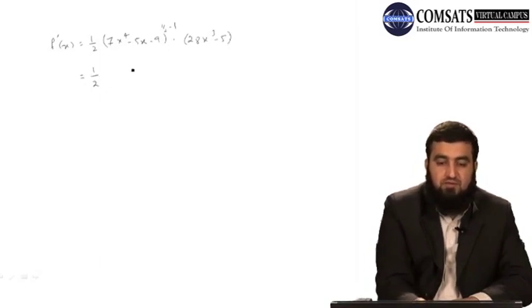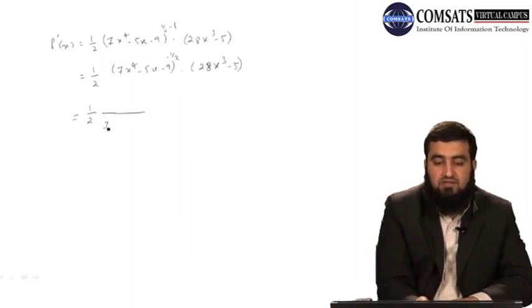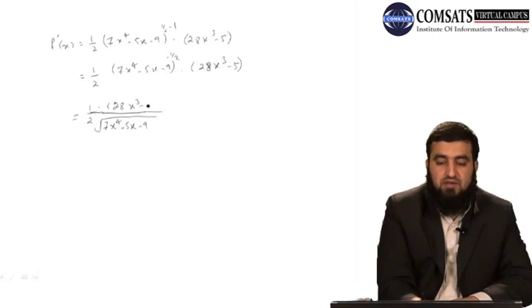So this is equal to 1/2 into 7x to the power 4 minus 5x minus 9 to the power half minus 1 का जो सम आएगा वो minus 1/2 होगा और ये होगा 28x cube minus 5, and this would be equal to 1/2 और नीचे डिवीजन में अब आ जाएगा 7x to the power 4 minus 5x minus 9 अंडर द रूट, क्योंकि नीचे आके पावर पॉजिटिव हो जाएगी तो ये प्लस 1/2 हो जाएगी पावर, और ऊपर हम मल्टीप्लाई कर लेंगे जो हमारे पास एक्सप्रेशन है 28x cube minus 5 से.